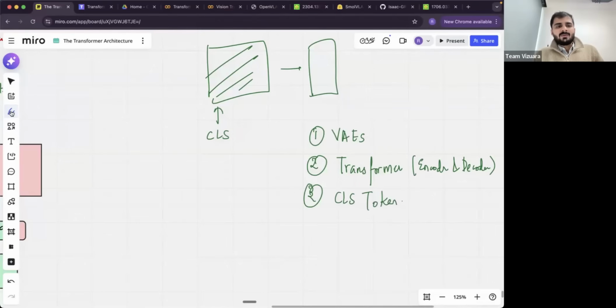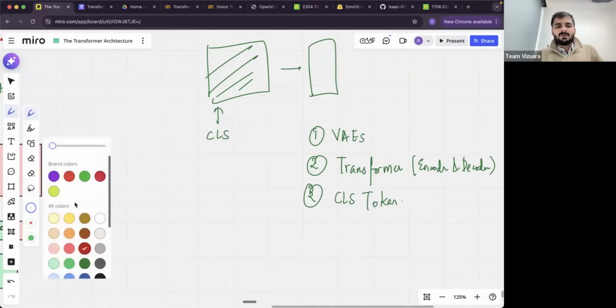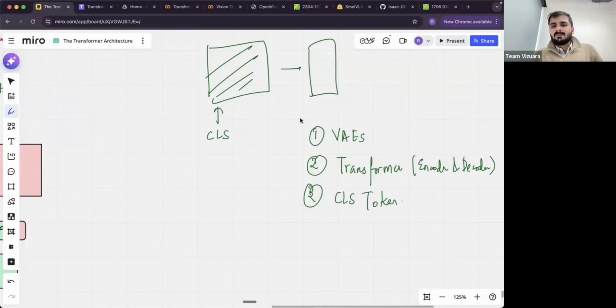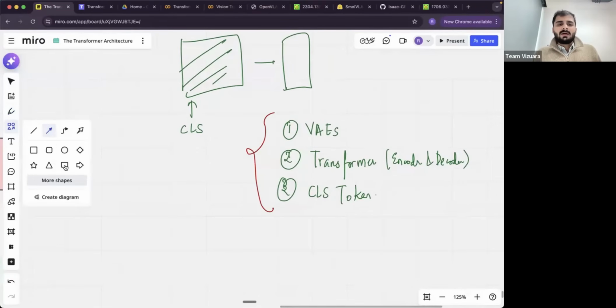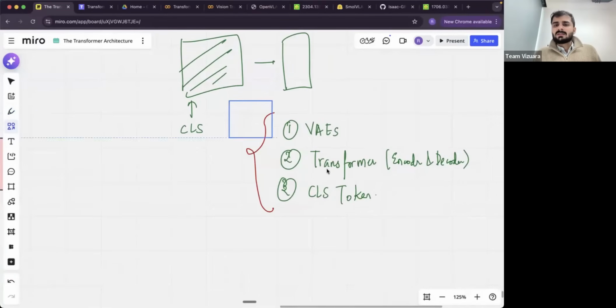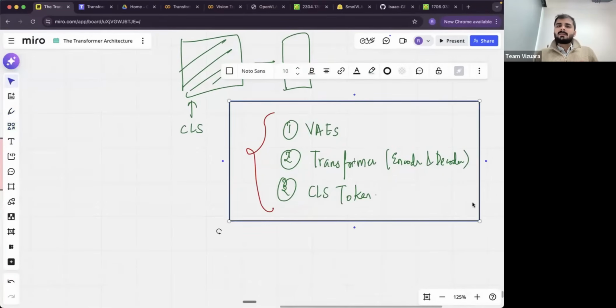Action chunking with transformers, ACT, which is the policy which we are going to study, combines all of this. And it combines it in a way that the policy very efficiently predicts the action for every observation which your robot sees in the environment. So I want all of you to think about this, because all the building blocks are already in place now.